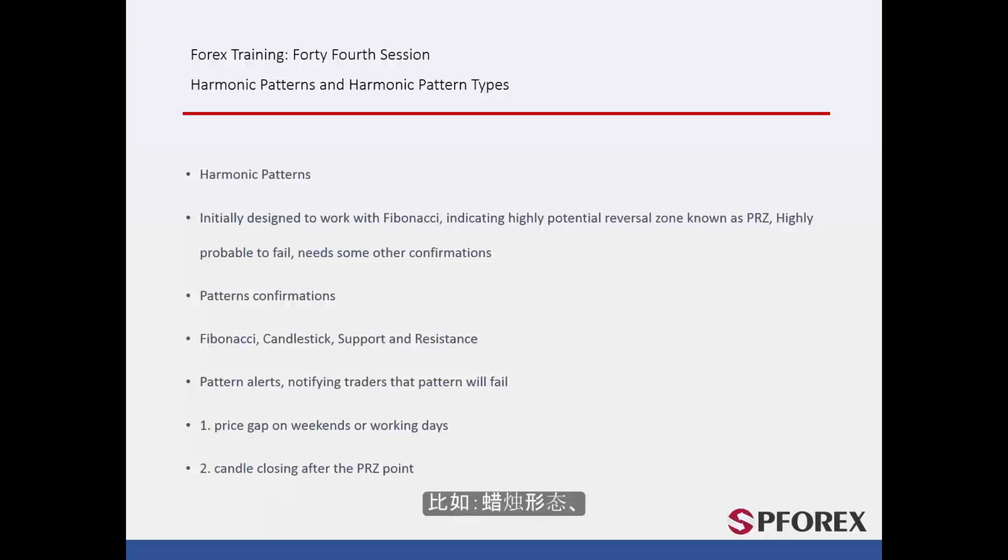Confirmations can be derived from candlestick patterns, indicators, overbought and oversold regions, Fibonacci levels, or strong support and resistance lines. Harmonic patterns may frequently produce invalid signals under some conditions, such as a price gap arising during market close time from Fridays to Mondays.